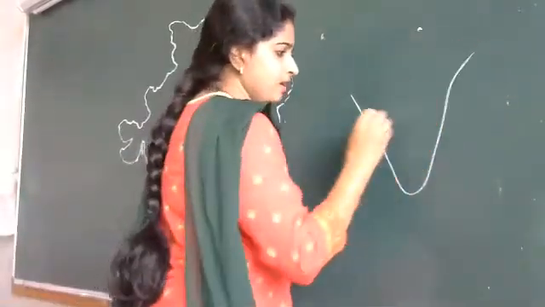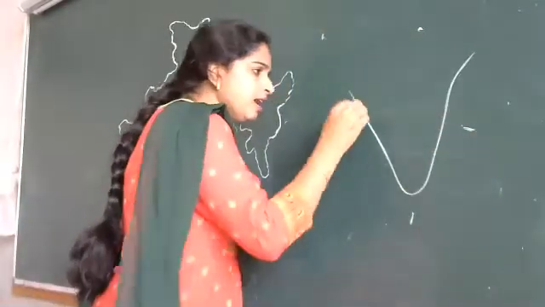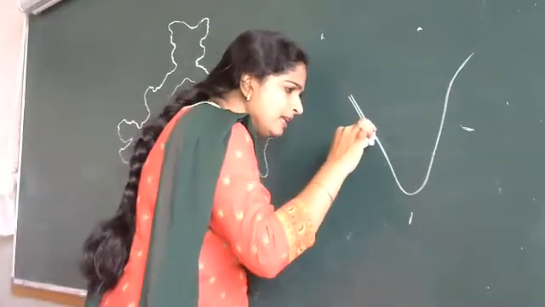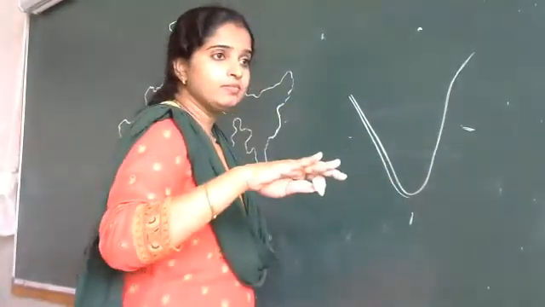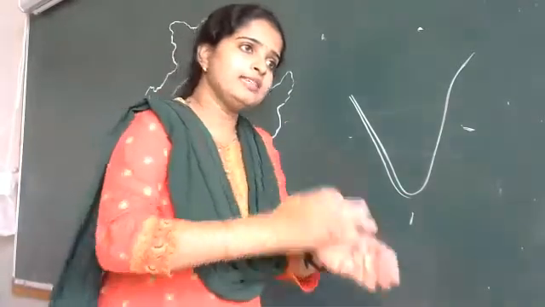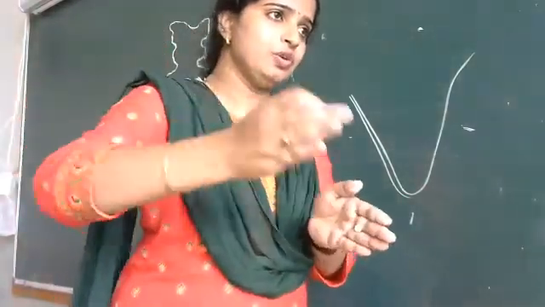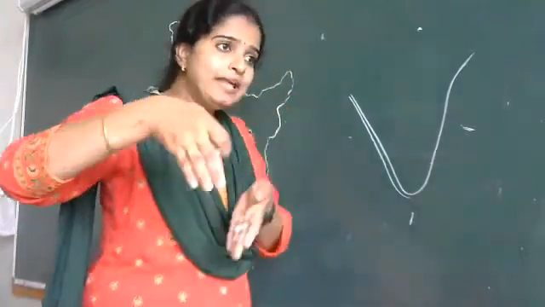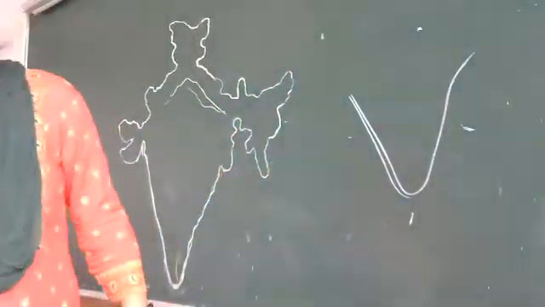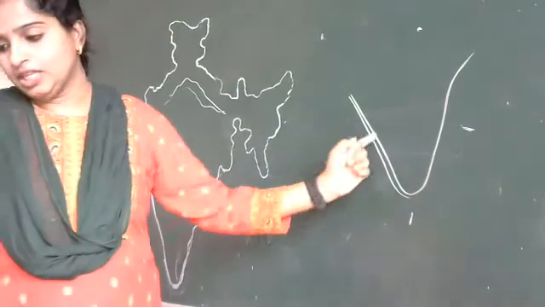Here by the sea side, we also have a small, narrow plain land, and villages start like that. That narrow land, narrow plains, we have from both sides of the peninsula.